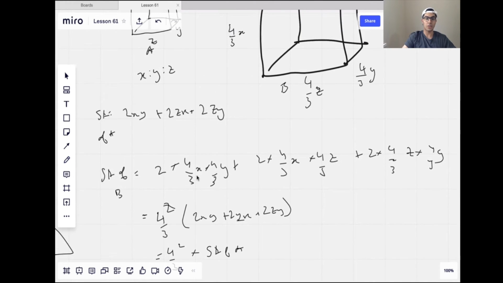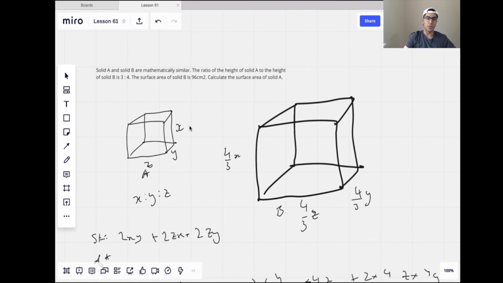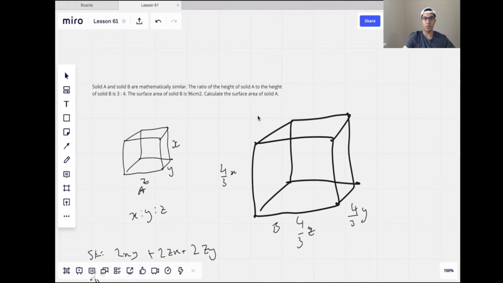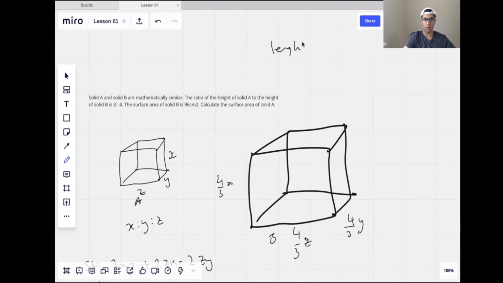Basically, the trick here is that if we know the ratio of the heights, for example, then the ratio of the lengths is the same between solid B and A. So let's say the ratio is A to B. For areas, it will be A squared to B squared, and for volume it will be A cubed to B cubed.